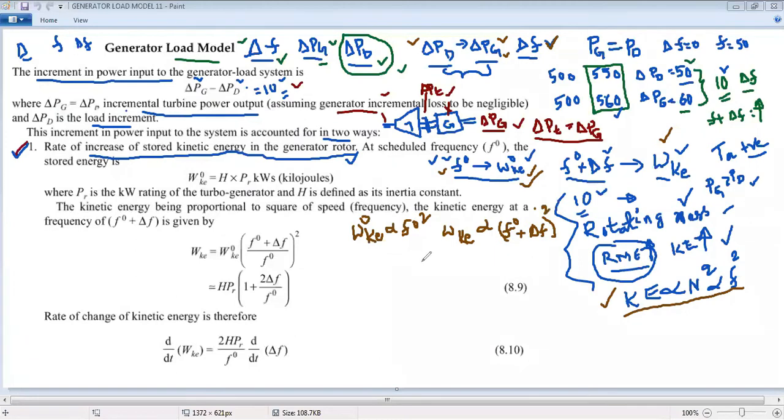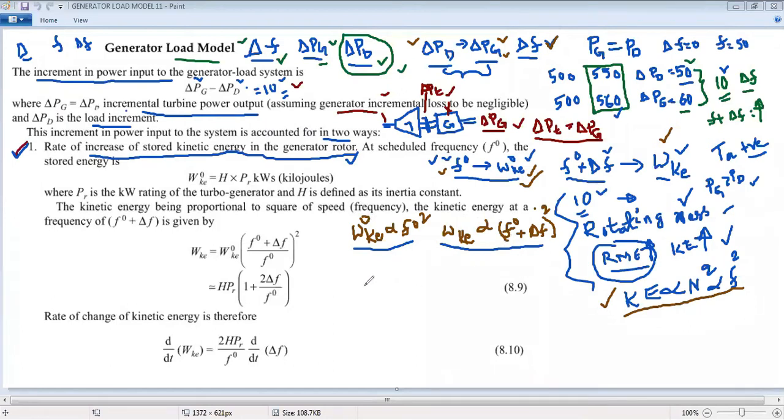So these are the two relations: Wke naught proportional to f naught square without disturbance, and Wke proportional to f naught plus delta f whole square with disturbance.